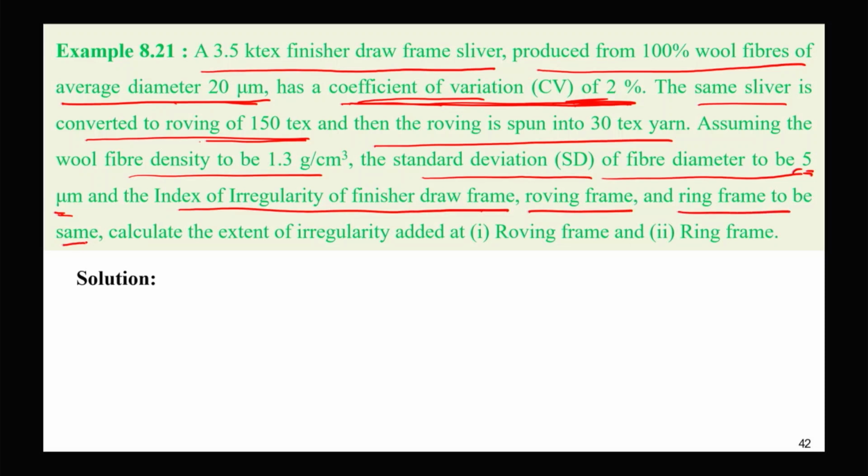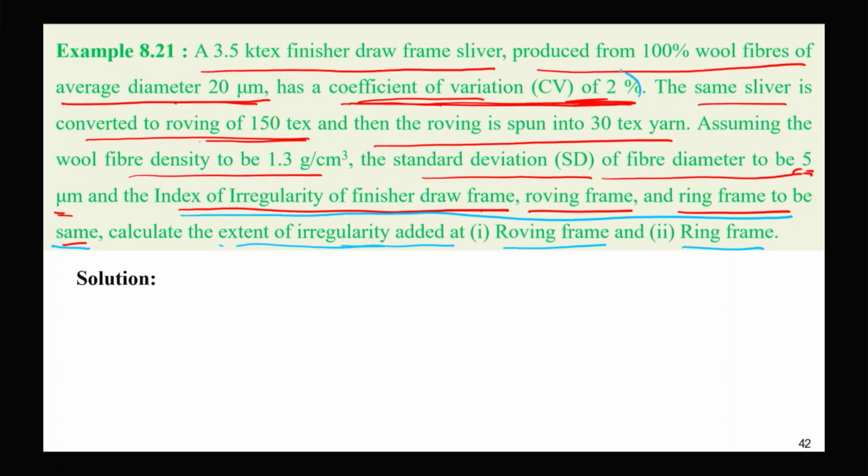This is the important condition here. Then you have to calculate the extent of irregularity added at roving frame and ring frame. So this problem we have to address one by one.